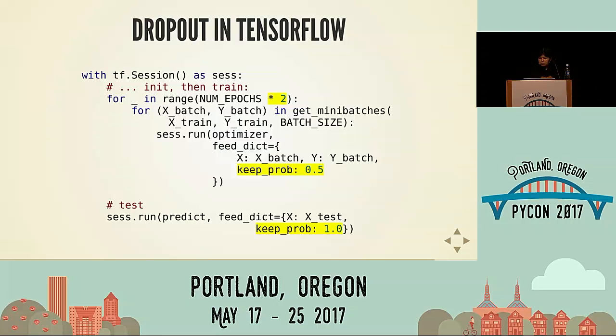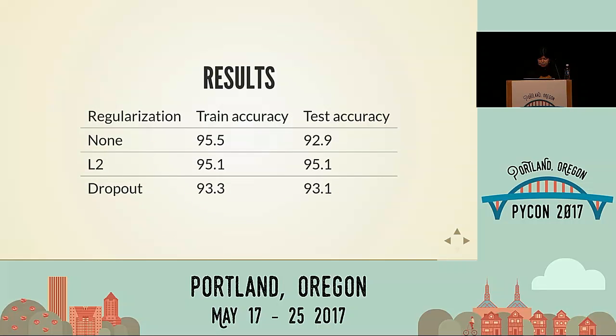During test time, we supply it a keep probability of 1.0. TensorFlow will handle all of the dropping out of the neurons and the scaling of the logits. Another thing to note is that training is generally a lot slower with dropout because you're considering all of these different models, so you want to bump up your number of training rounds. This was the accuracy that I got. A little bit better.